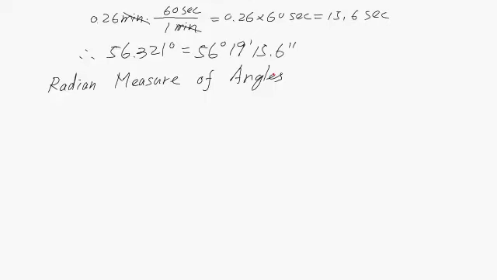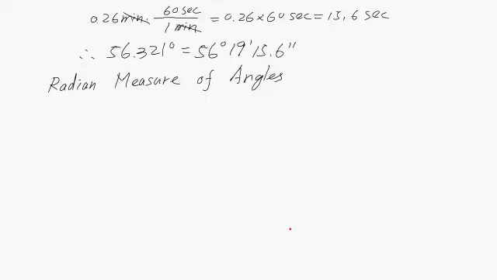The radian measure of angles is used more in the math and the scientific field. Later when you learn calculus, you will see for most of the time we just use the radian measure to measure angles in calculus. So now, how to get the radian measure of an angle?